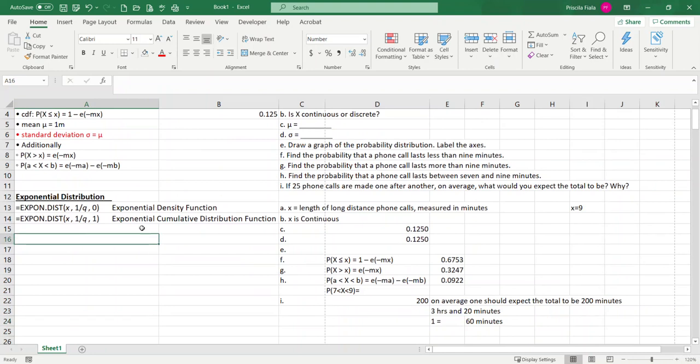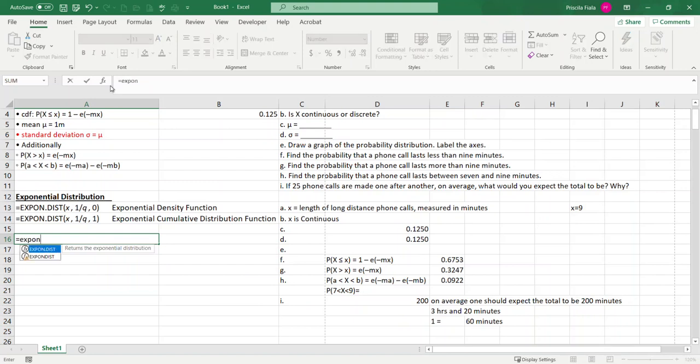Okay, and then you say, okay, you went over all that. How do I use these formulas? Well, let's try to use them. Find the probability that a phone call lasts less than 9 minutes. So you're going to do equals the exponential distribution of less than 9. So everything up to 9. So 9, and then 1 divided by 8 from up here.